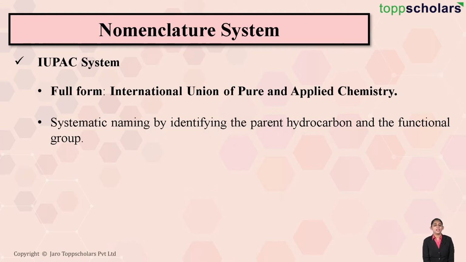So friends, nowadays the system that is used for naming carbon compounds is the IUPAC system. And what is the full form of IUPAC? International Union of Pure and Applied Chemistry, which is a system of naming carbon compounds by identifying the parent hydrocarbon and the functional group present in the carbon compound.